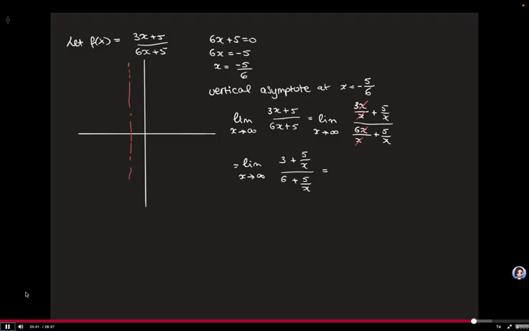So this is equal to 3 plus 0 divided by 6 plus 0, which is 3 over 6, equal to a half. But note that these get incredibly small, but it will always be a positive number, so we will never really reach the half. So we can say that we have a horizontal asymptote at y equals a half.